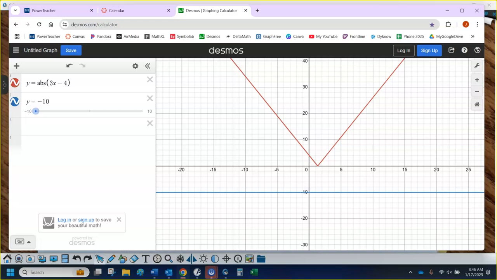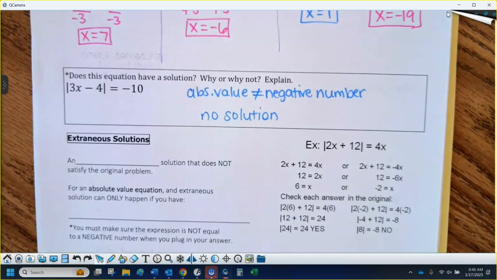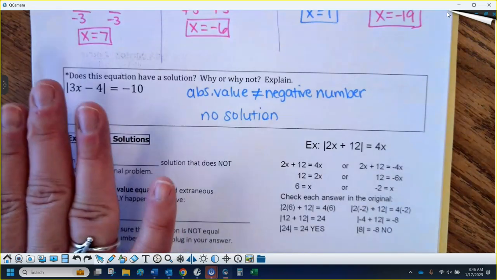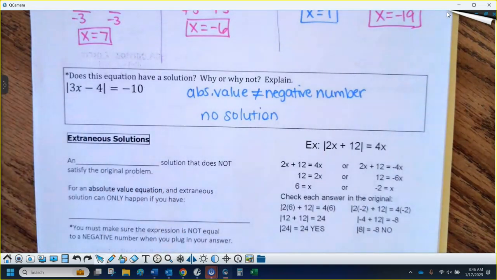It's not possible. Anything above here we could have a solution, but if we got a negative number, it's not going to run into it, so there's no solution. That's just kind of like a graphic version of that, but that's why it doesn't run into it. So just for your purposes, if you get an absolute value by itself and it's equal to a negative number, you just stop right there, you have no solution.